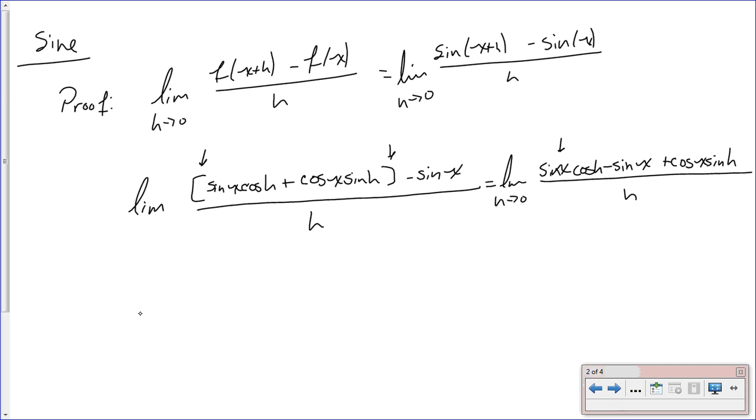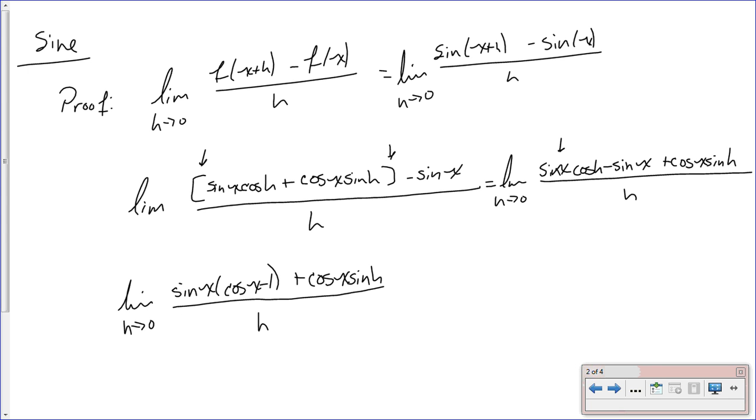Now factor out that sine of x, so this is the limit as h approaches 0 of the sine of x times the cosine of h minus 1 plus the cosine of x sine of h all divided by h. Alright, now let's split this into two fractions to make this easier to look at.